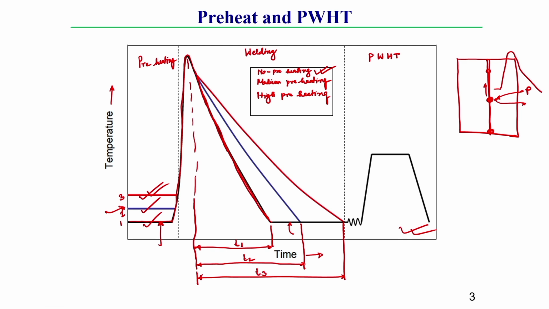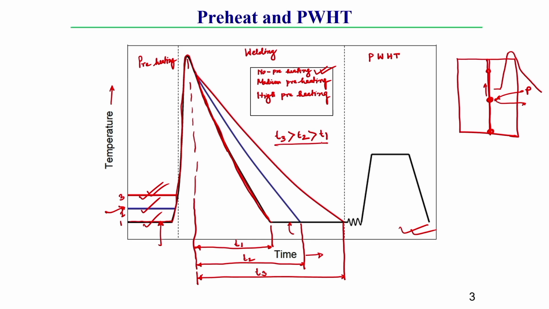So, what you can observe from this figure is that T3 is greater than T2, which is greater than T1. That means, once the preheating is increased, the time required to cool down from peak temperature to room temperature is increased. Do you understand what I am telling?